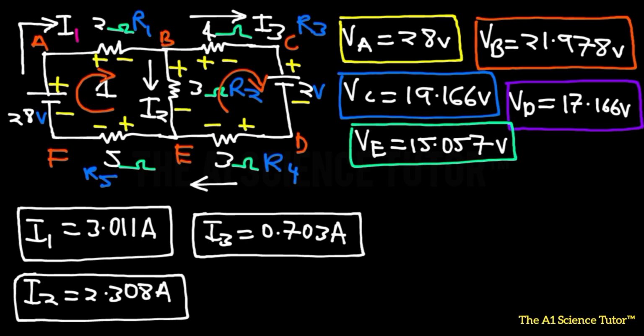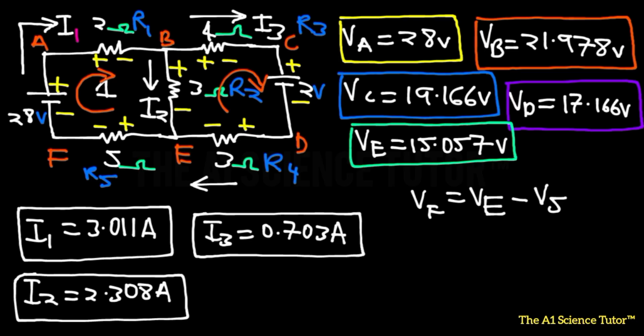Now let's go on to VF. The voltage wasted over the 5th resistor, you need to take that voltage away from the potential at point E. That will give you the potential at point F. So that's basically VE minus V5. Now VE is 15.057, minus V5.